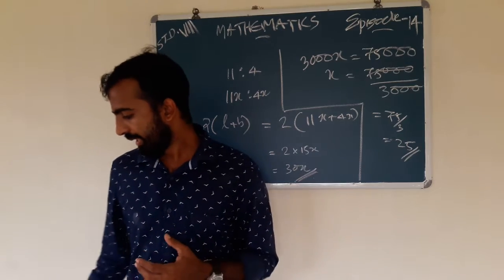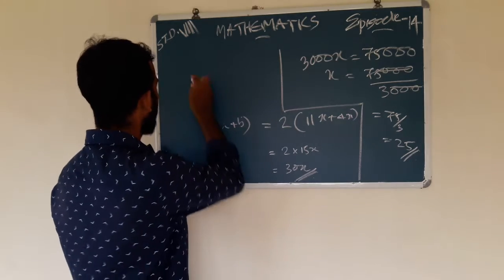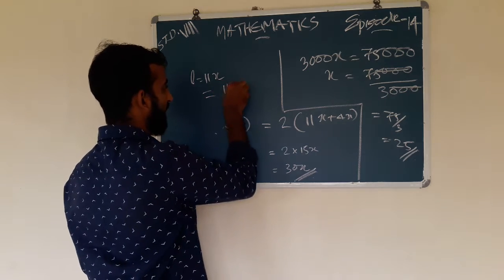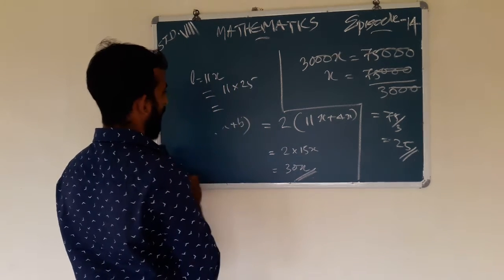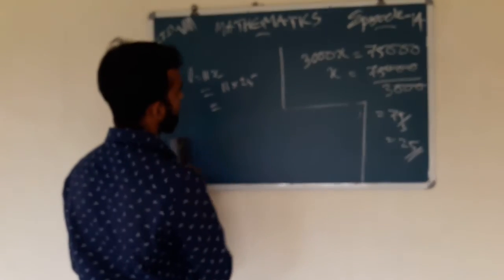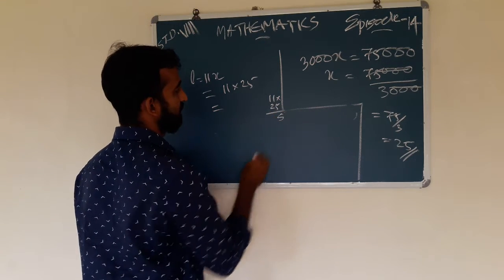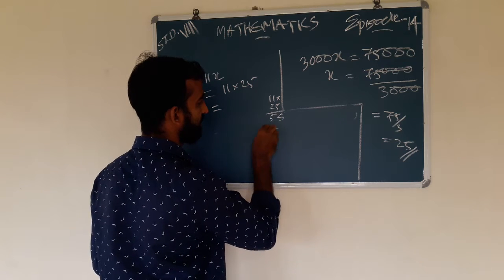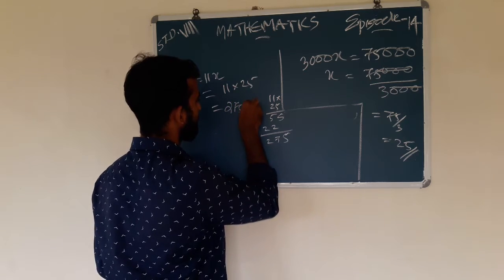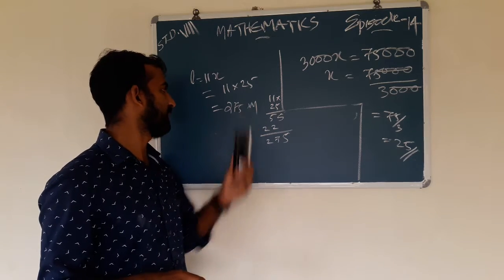Then what is the length? Length is 11x, that is 11 into 25. What is the answer? Sorry, here it is meter.